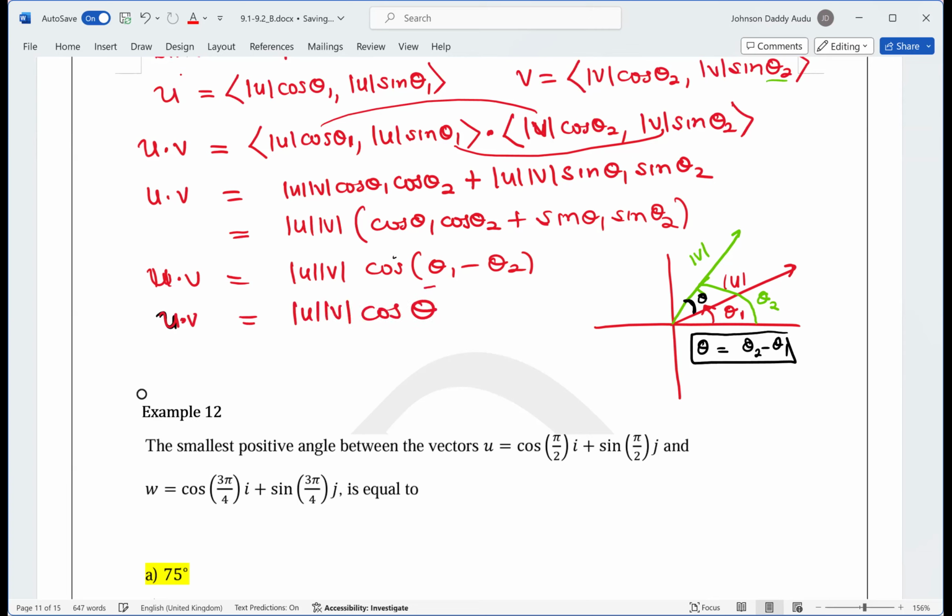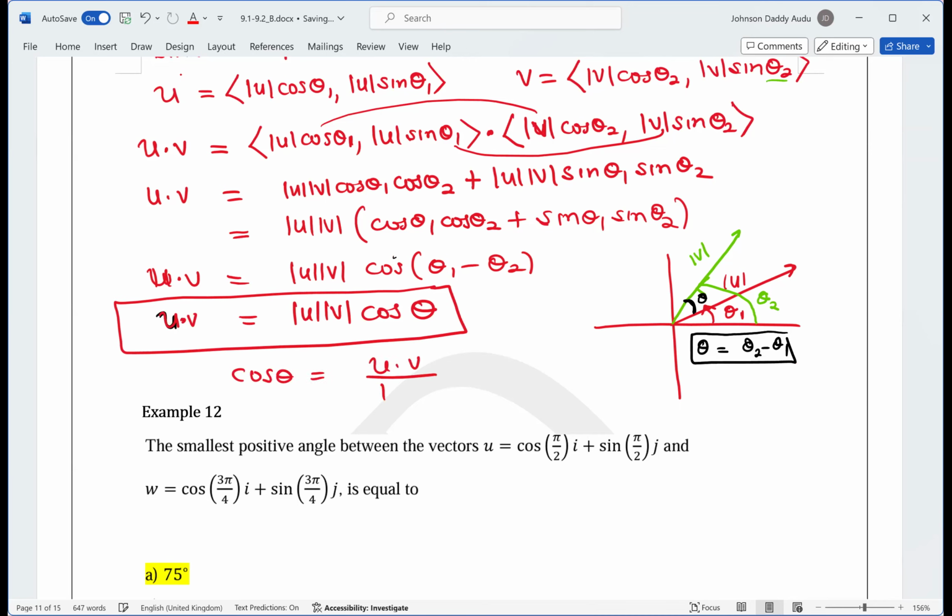Theta. So this is what we call the dot product. So this is another formula for the dot product. And from here you can find cosine theta if you want. Cosine theta from here is just u dot v divided by magnitude of u, magnitude of v.